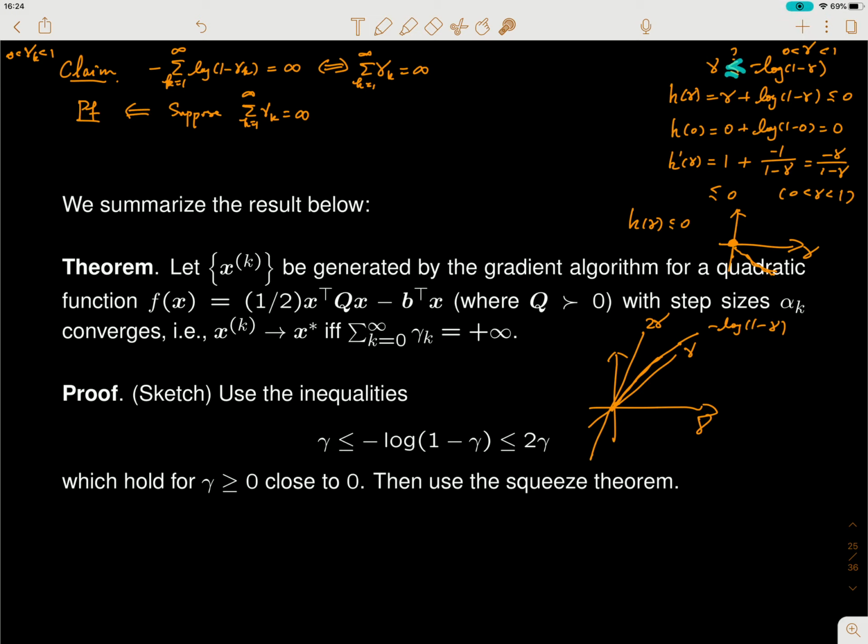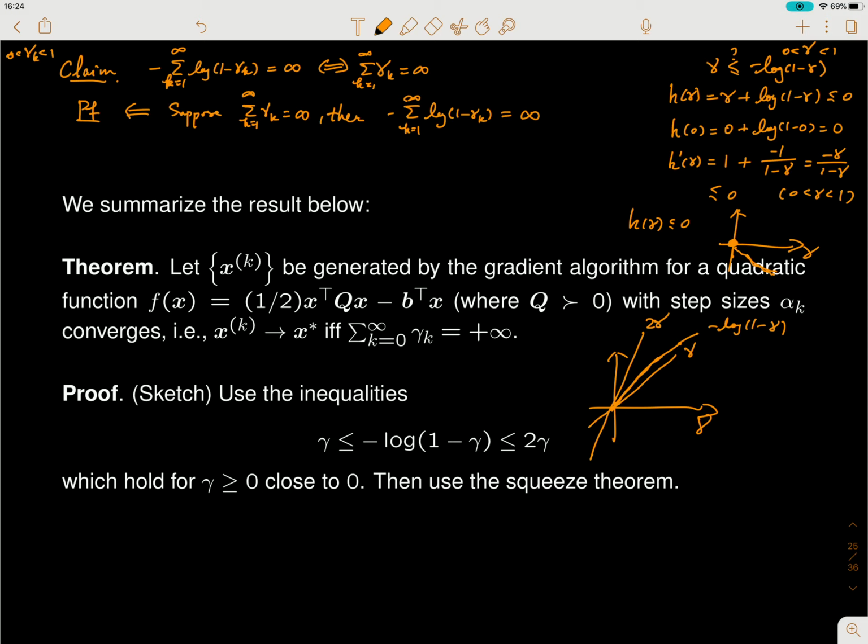We can keep the less than or equal to notation for the inequality here, and we can get that the sum of negative log of 1 minus gamma k is infinity.